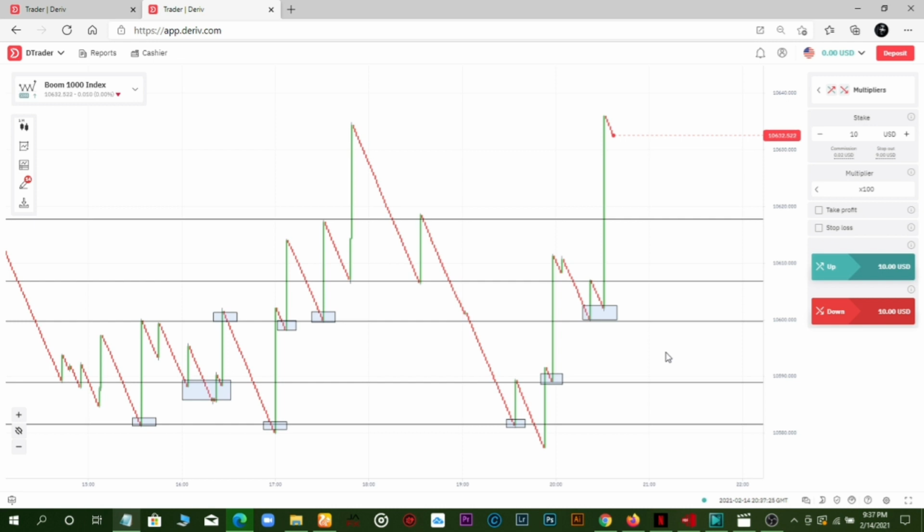So I'll make a separate video for this one just to show you guys how it works. So if the strategy is telling you to buy, you just do this line strategy and see the proper time you should actually buy in the market.